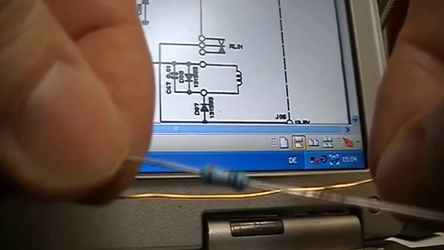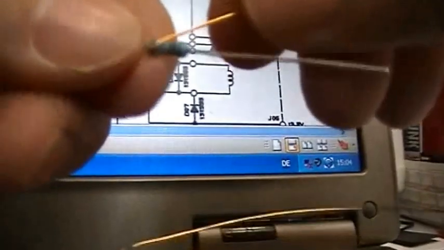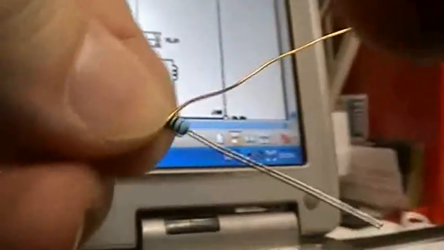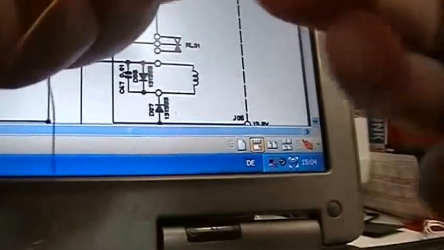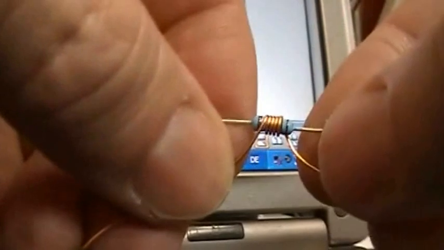This is a 100k resistor, and we are going to wind it around like this. So 1, 2, 3, 4, 5. So that should normally be okay.